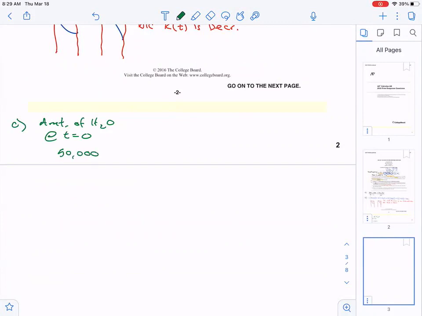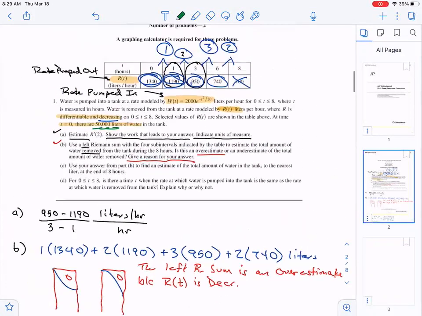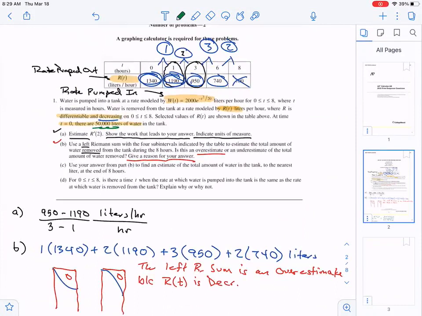It's going to be plus the amount of water that was pumped in from time t equals 0 to t equals 8. So to get that portion, I need to look at what function is giving me the rate pumped in.